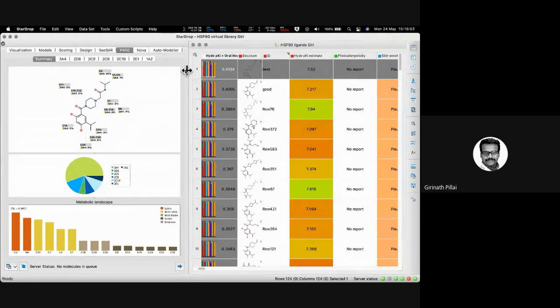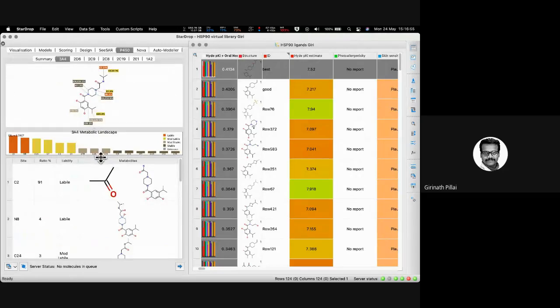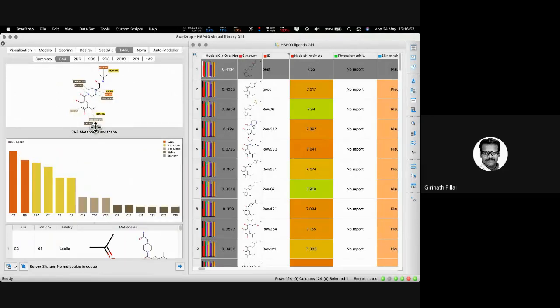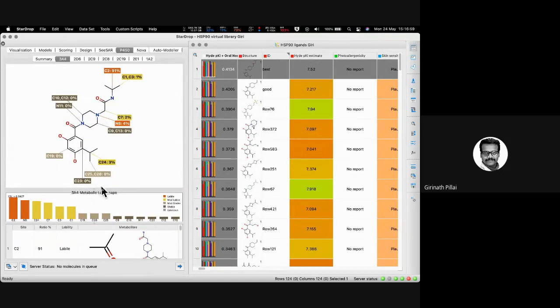What it tries to say here is, when you go to the 3A4 isoform of cytochrome P450 of liver metabolism, it is telling you that this particular carbon is very unstable. That carbon might break and form a 2-methyl keto group.